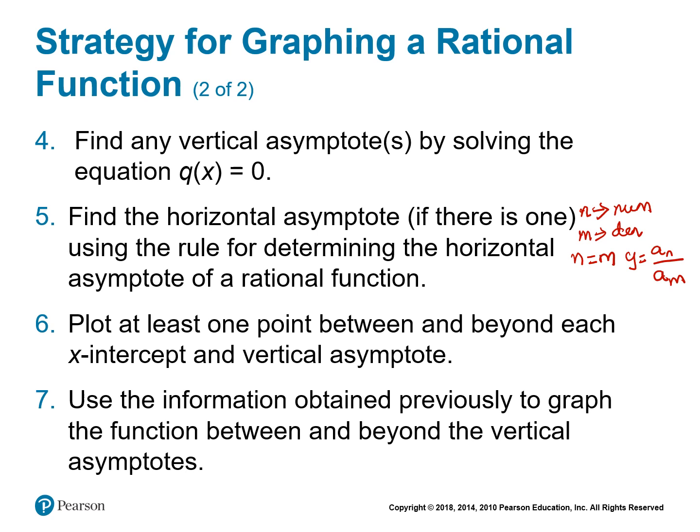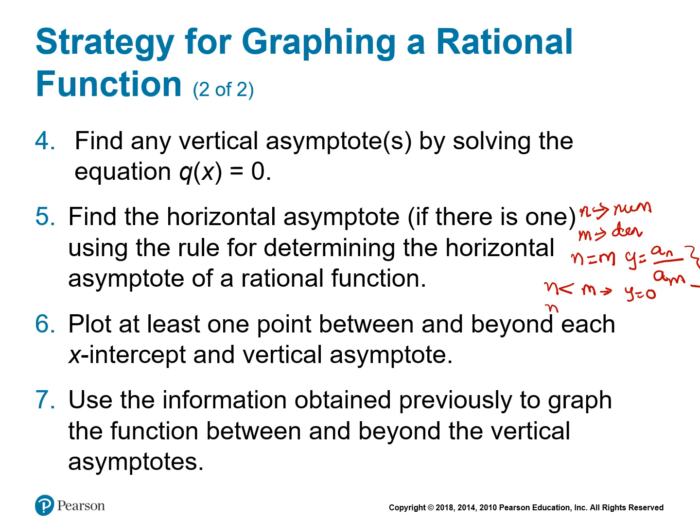It's the ratio of the coefficients of the leading terms. All right, if n is less than m, then the x-axis, or y equal to 0, is our horizontal asymptote.